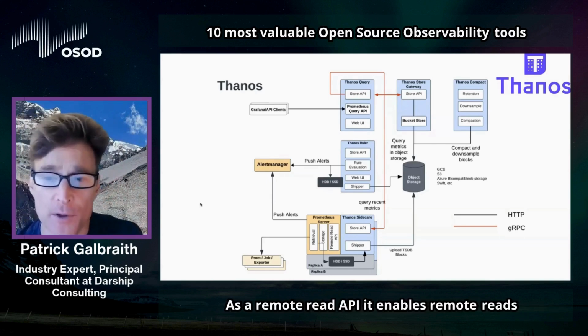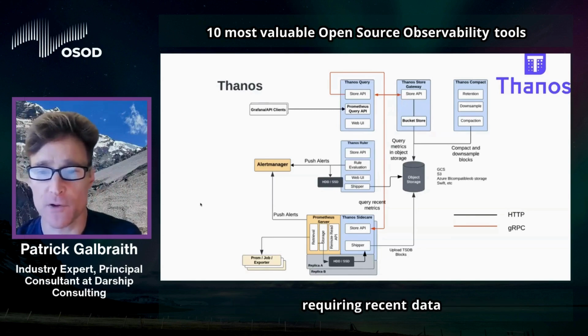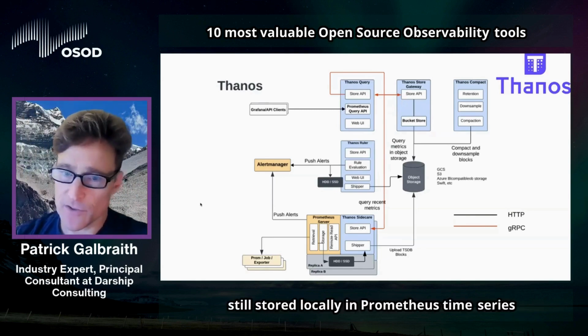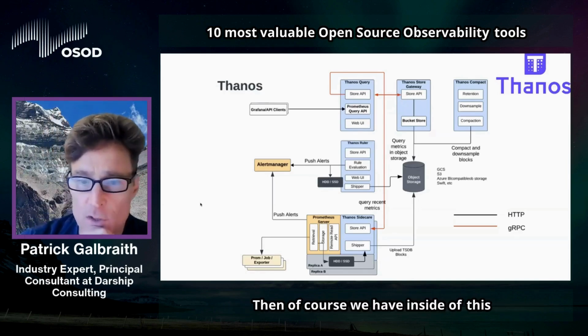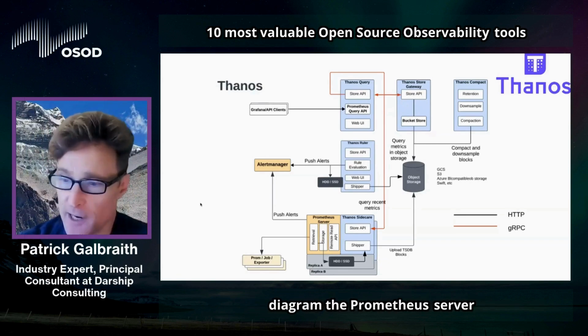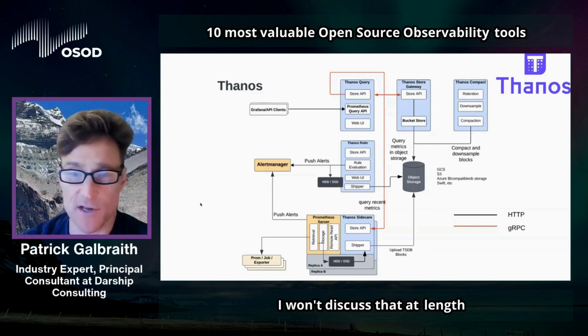Has a remote read API. It enables remote reads for querying recent data, still stored locally in the Prometheus time series database. Then, of course, we have inside of this diagram the Prometheus server. I won't discuss that at length.